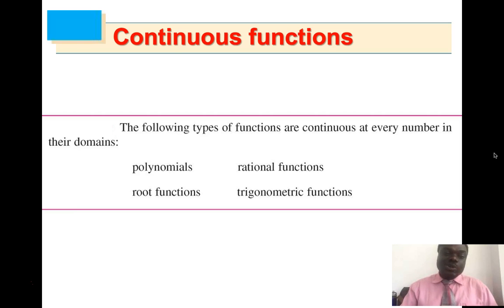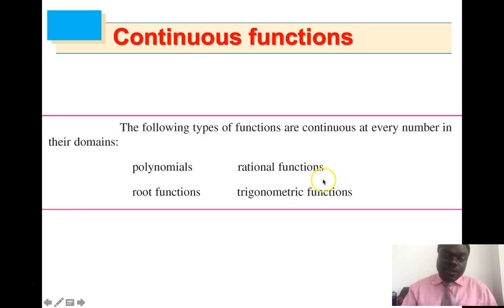So, you will see in calculus that some functions will always be continuous in their domains. This is a review of something I talked about already in class. All polynomials are continuous in their domain from negative infinity to positive infinity.